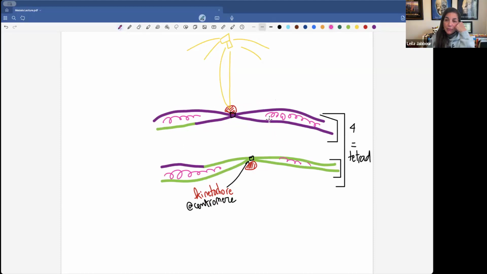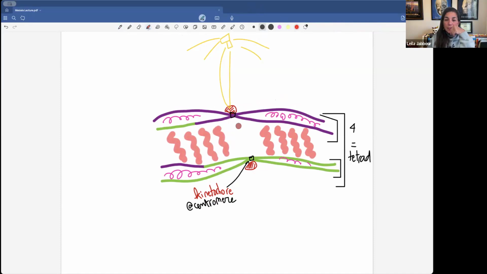But we also have, let me do a highlight so it looks really different, these cohesion molecules that are keeping the pairs together. So when the pairs come to the metaphase, they're actually kind of glued together. Of course, this is not a strong glue, but they're still glued together. That's why we have this tug of war.